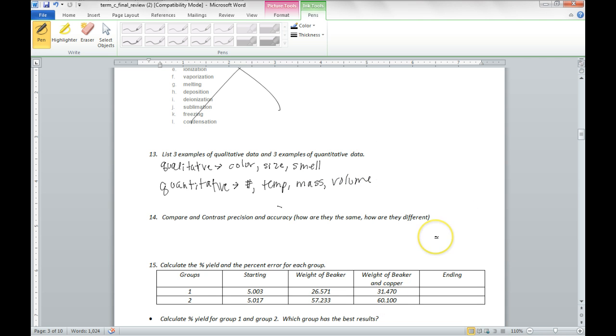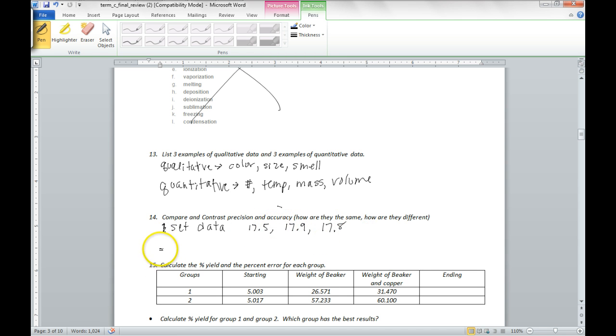Compare and contrast accuracy and precision. Precision is going to be one set of data. So if we did our experiment in class and someone got 17.5, someone got 17.9, and somebody got 17.8, we're going to look at that whole set on how everybody did.